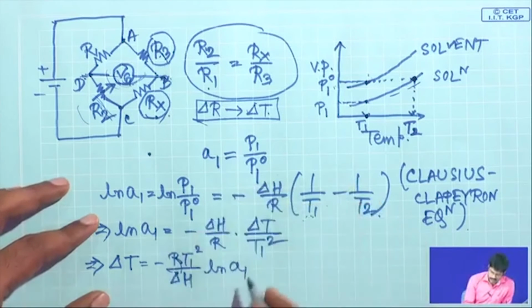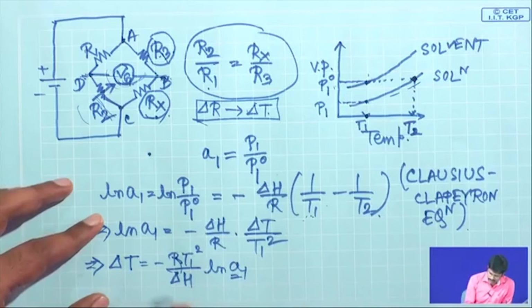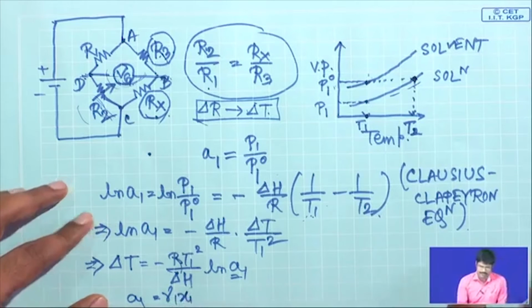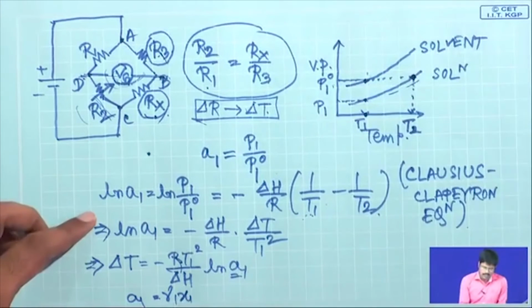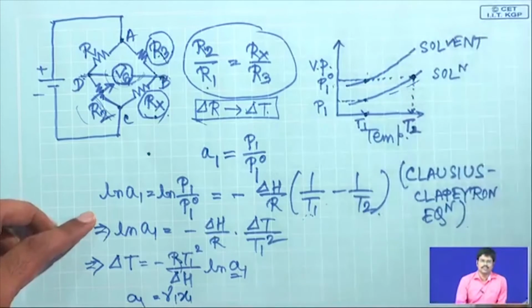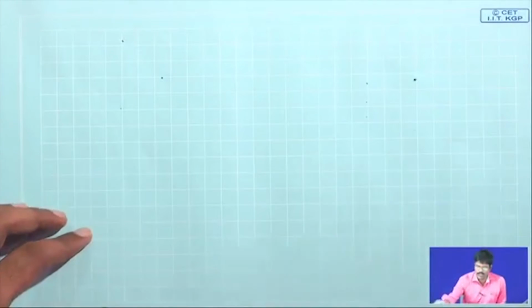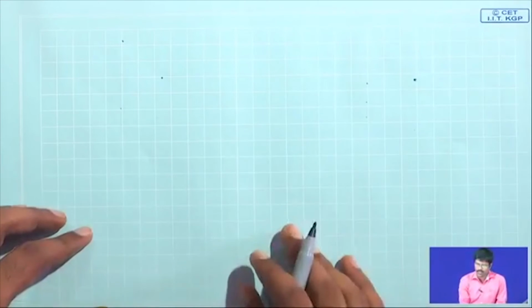What is this A1? This A1 is basically gamma 1 into x 1, because gamma 1 is your activity coefficient, x 1 is your mole fraction or concentration, whichever way you want to say it.